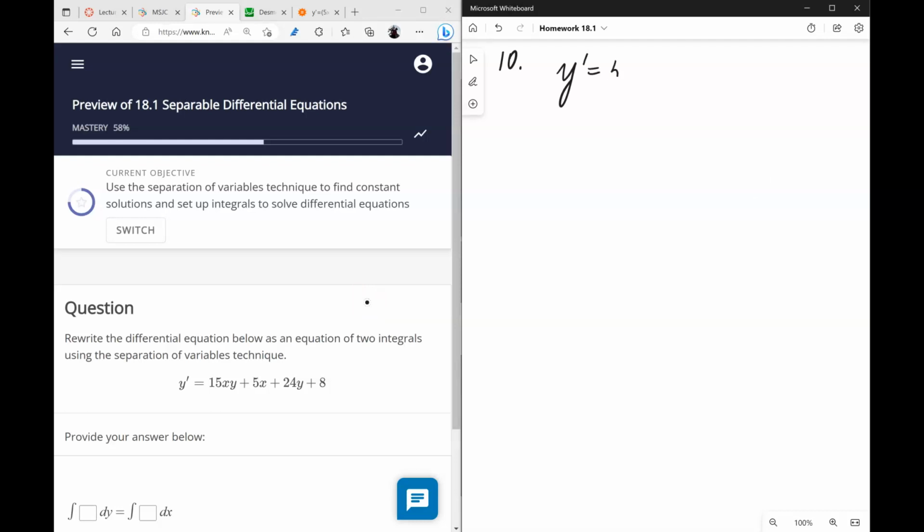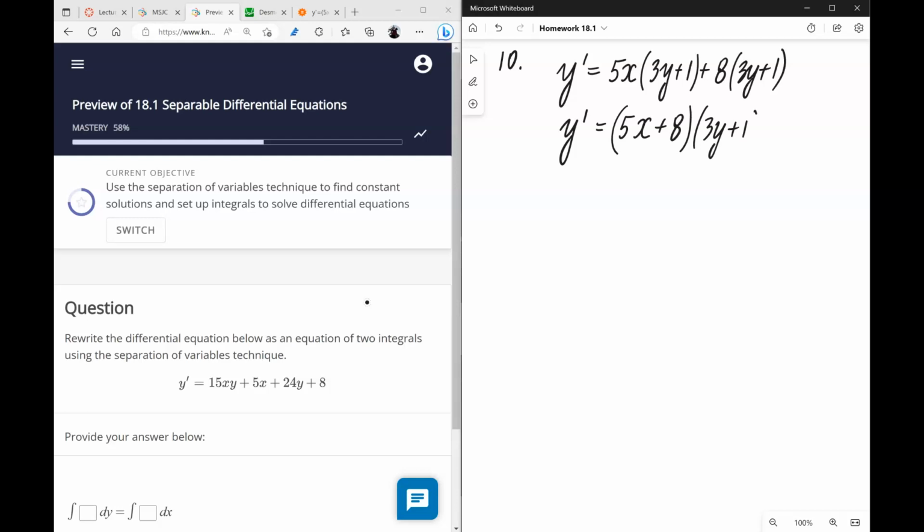Here we're separating, so I'm going to start separating right away. So 5x, we have 3y plus 1 plus 8, 3y plus 1. So the equation becomes y prime equals to 5x plus 8, 3y plus 1.